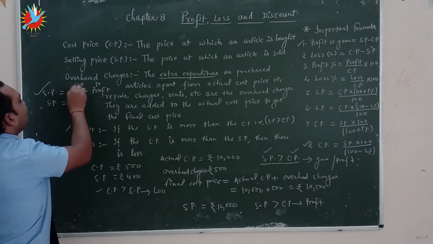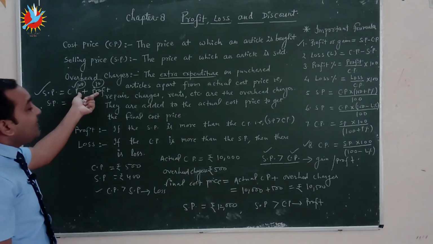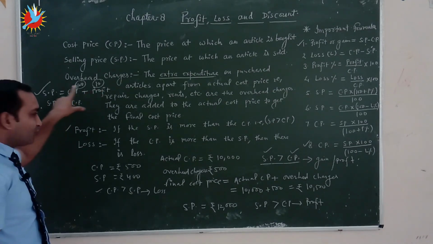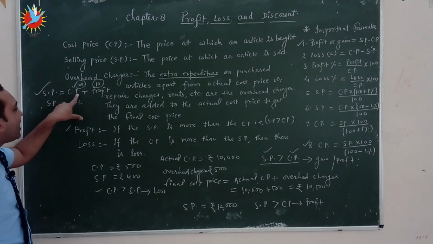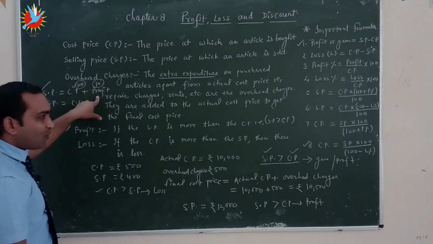So 100 rupees is the cost price and 10 rupees is the profit. It means we sell the object for 110 rupees. So selling price we always calculate as 100 plus 10, meaning cost price CP plus profit.